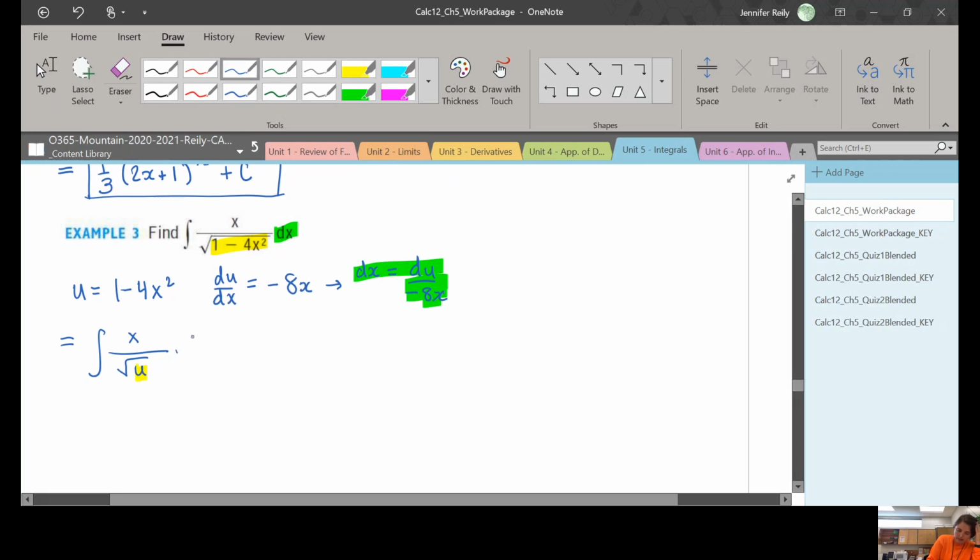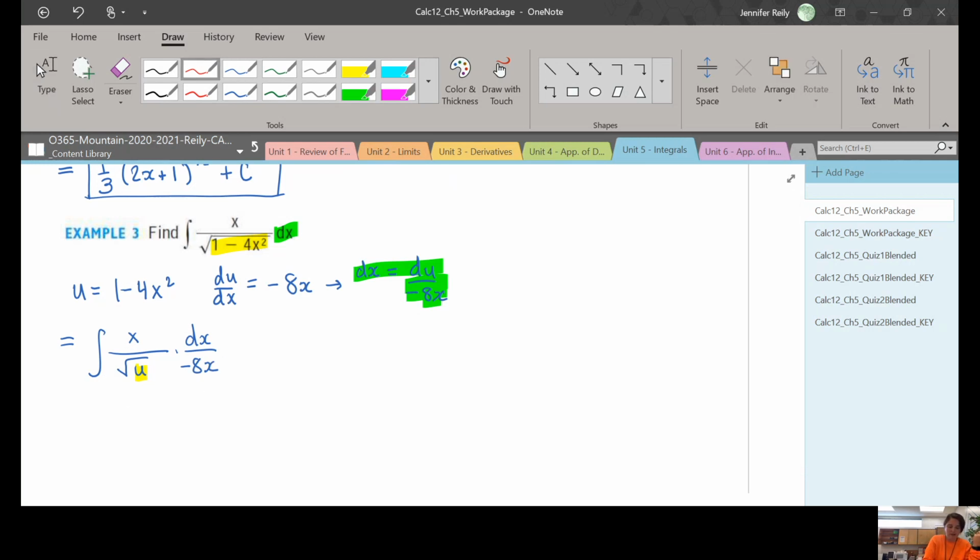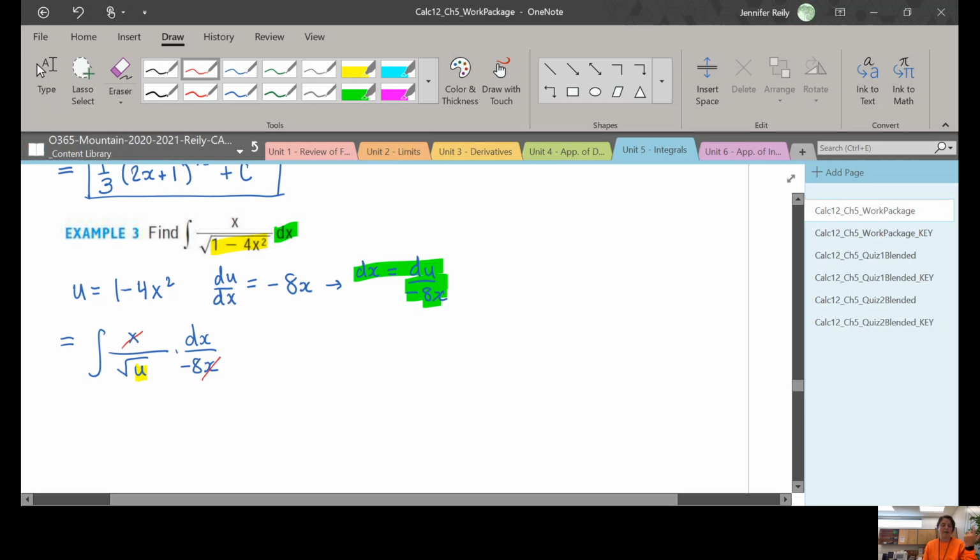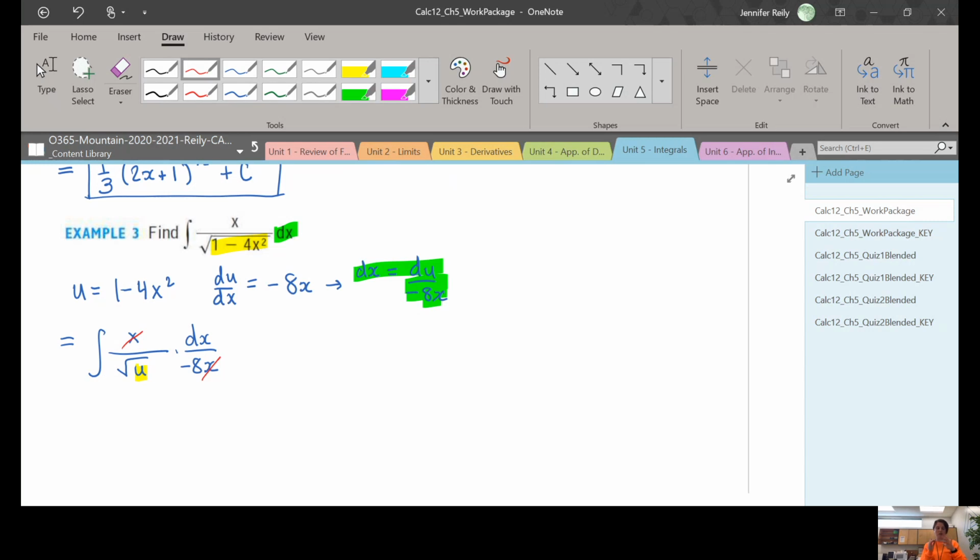And then I'm going to have du over negative 8x. So the cool thing is usually with these substitution questions, you're going to have a nice cancellation that happens. So any leftover x's should be canceled out. If that's not happening, then either substitution is not the right strategy or you've made a little error somewhere.